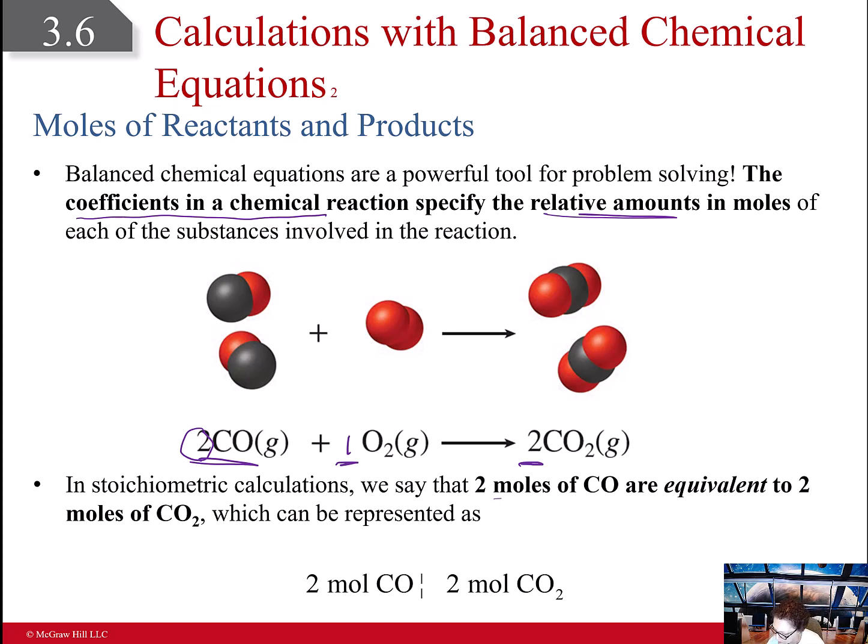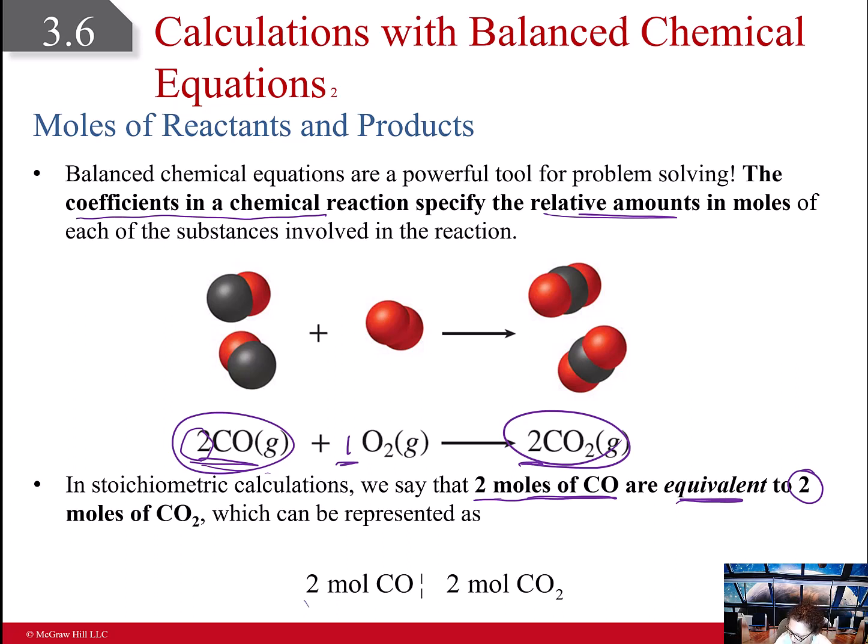So 2 moles of CO is equivalent to 2 moles of CO2. So another way of saying that is, for every 2 moles of CO, we're going to produce 2 moles of CO2, but it's only going to take 1 mole of oxygen.